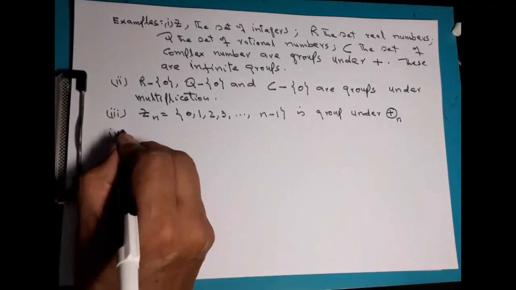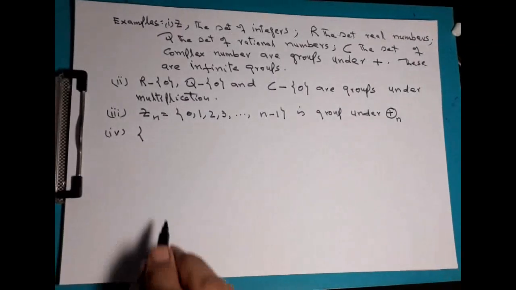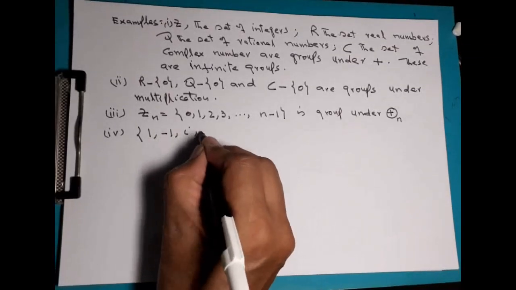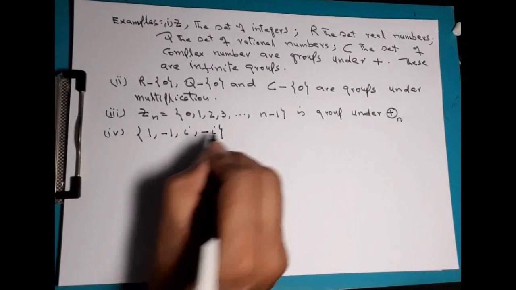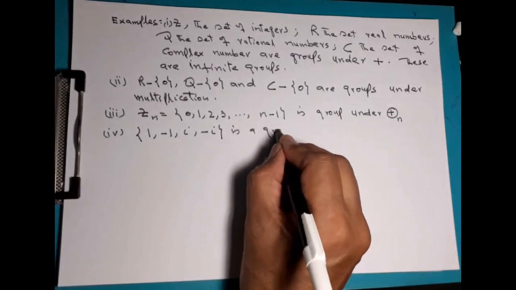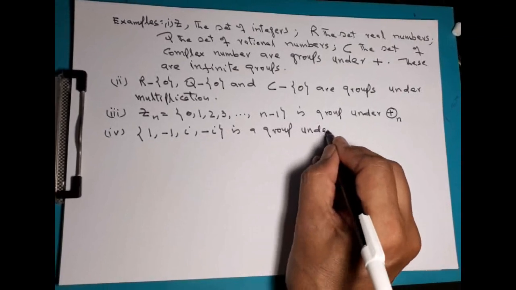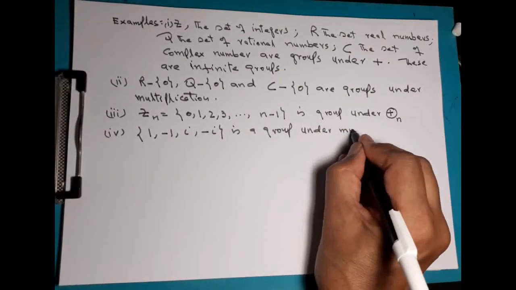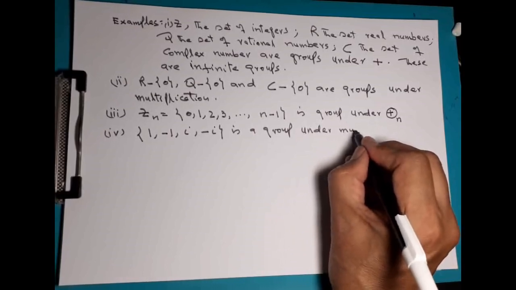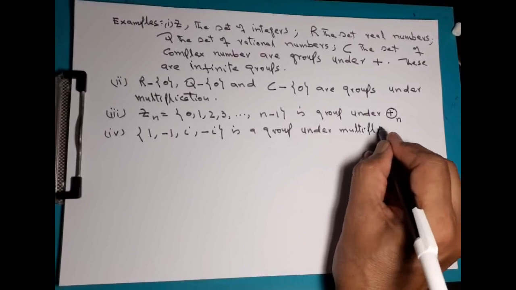And then we have discussed this particular set 1, minus 1, iota, minus iota, which is a group under multiplication, and we discussed its Cayley table as well in our previous session.